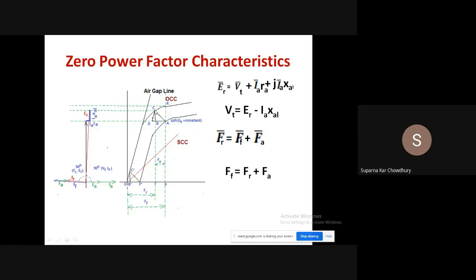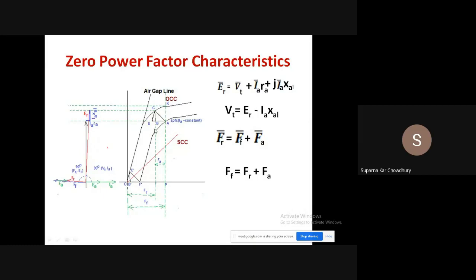This is also constant because IA is constant. So if we shift this triangle parallel to itself so that this point C always lies on OCC, then this point A will always lie on the zero power factor curve. So the zero power factor curve and OCC have the same form.